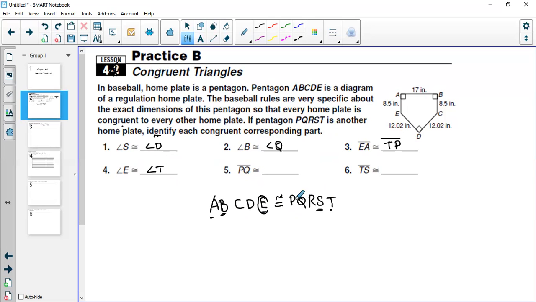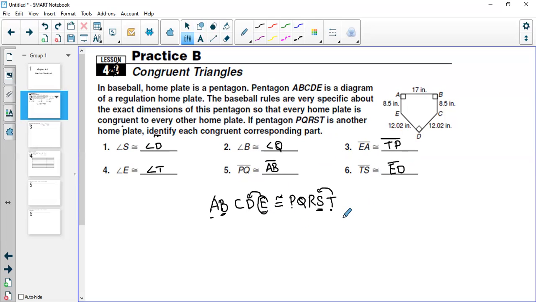Then segment PQ, the first two letters. So the first two letters are A and B. Next is segment TS. So it goes from this side, T to S. So which are the corresponding letters in the pentagon? ED. Do not write DE because that will again, as I said already, change the order. So it should be ED.